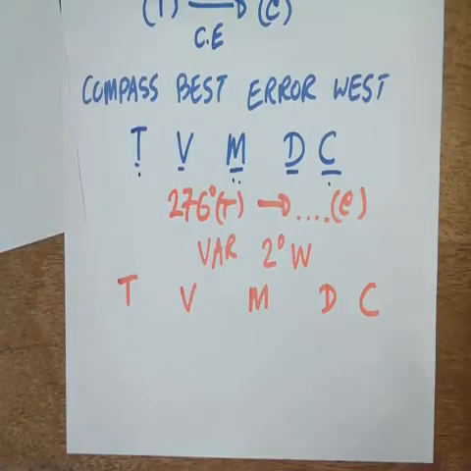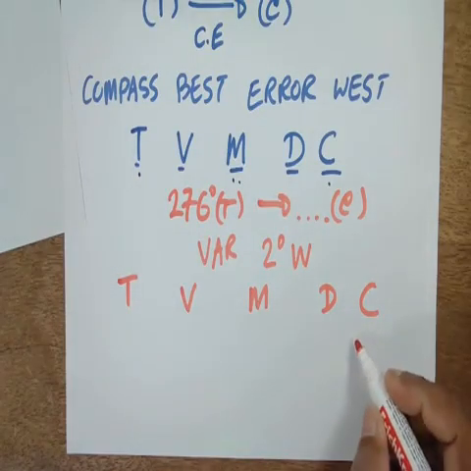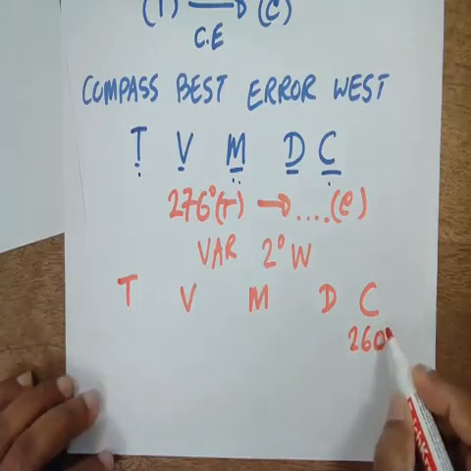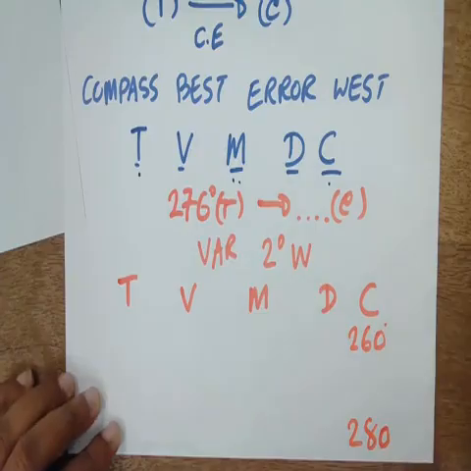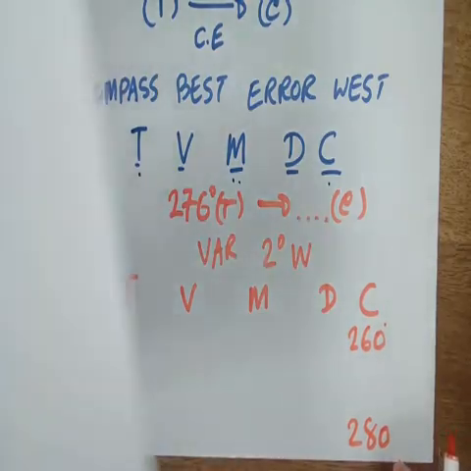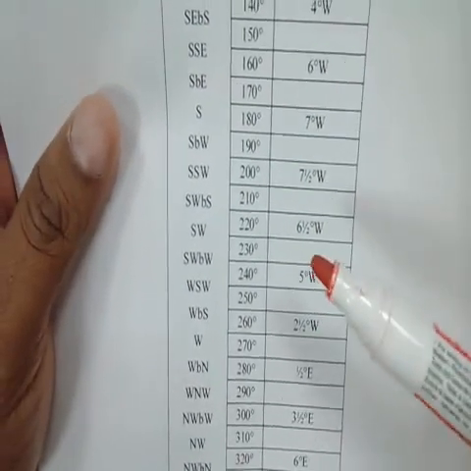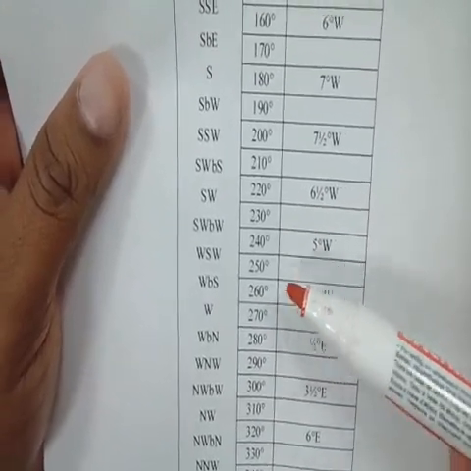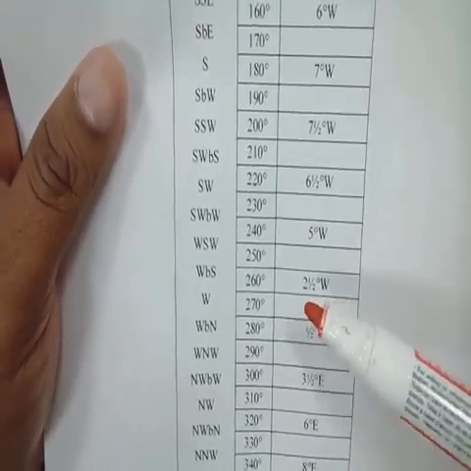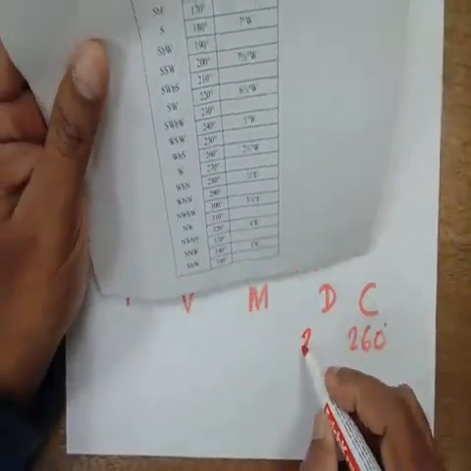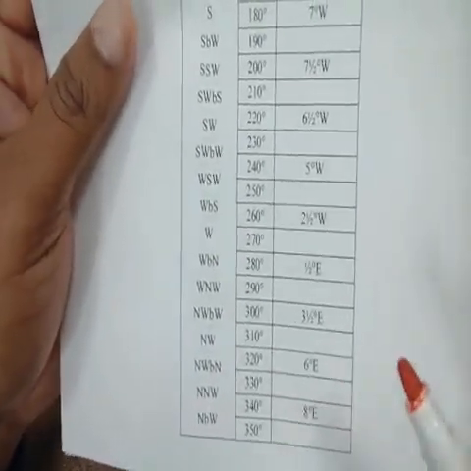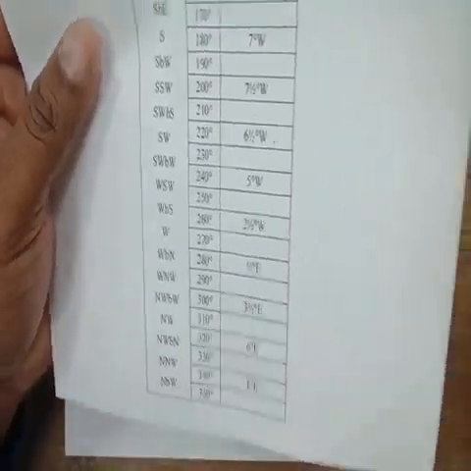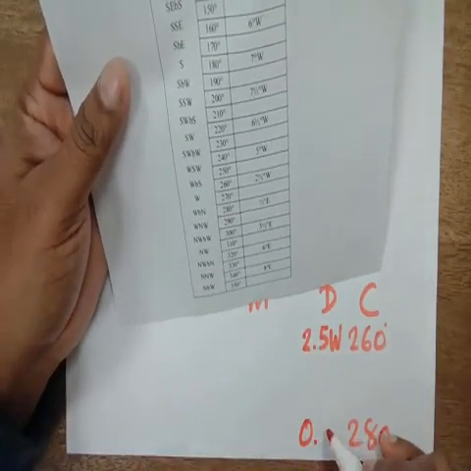So let's see how to do this. You write down 260 and you write down 280. From the deviation card, you can see 260 is 2.5 degrees west deviation, and 280 is half degrees east.